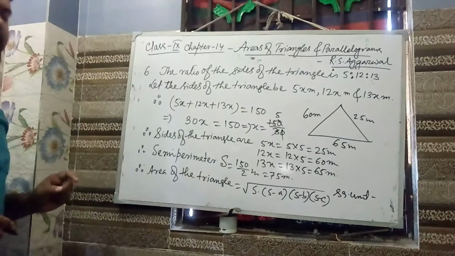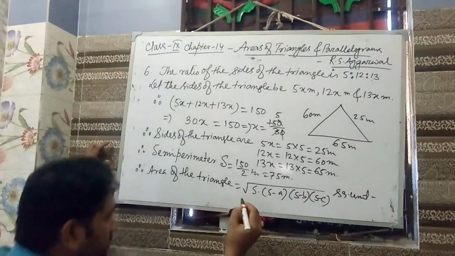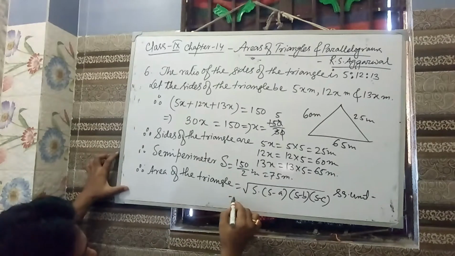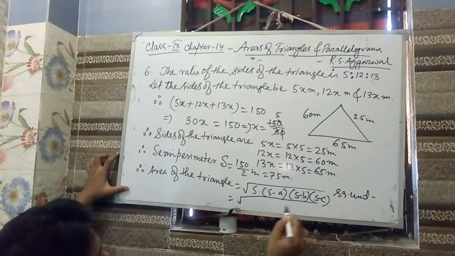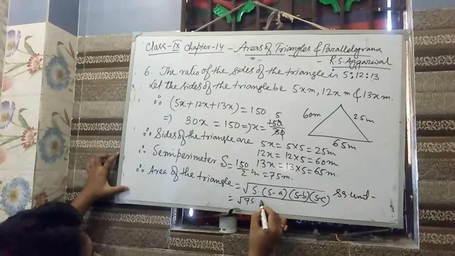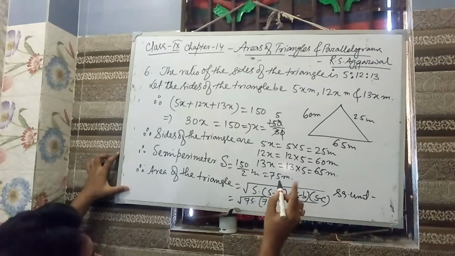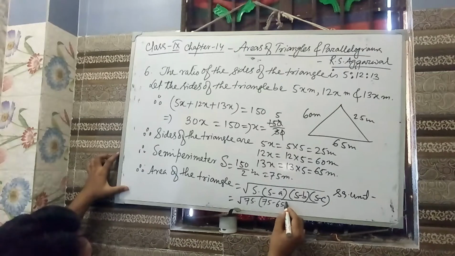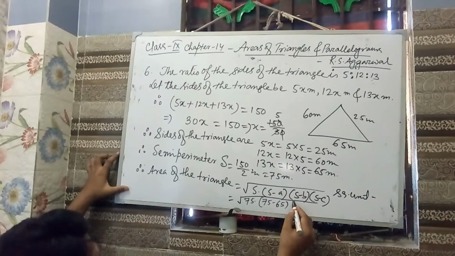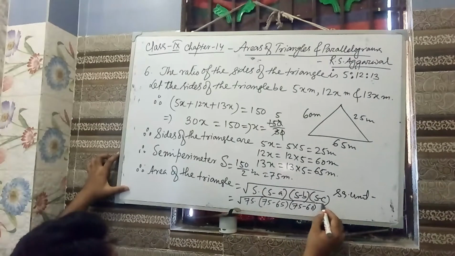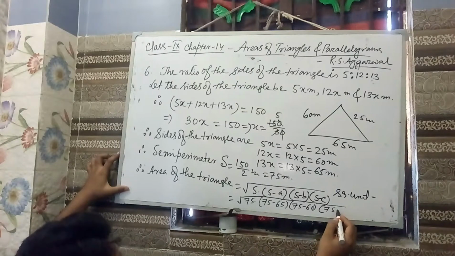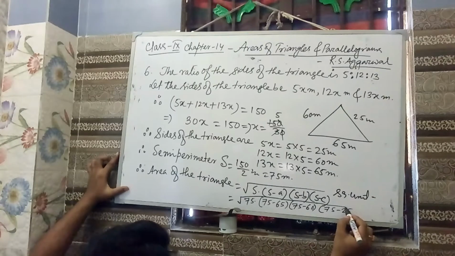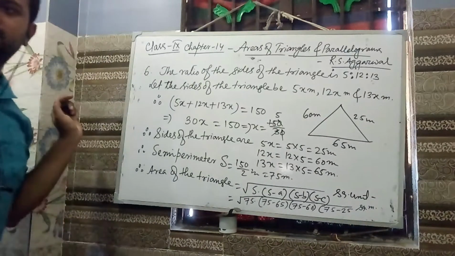Put the values of S, A, B, C. So it will be square root of S is 75, then 75 minus, if we consider 65 as A, so 75 minus 65, then 75 minus 60 and 75 minus 25, this much square meter. Is it visible?